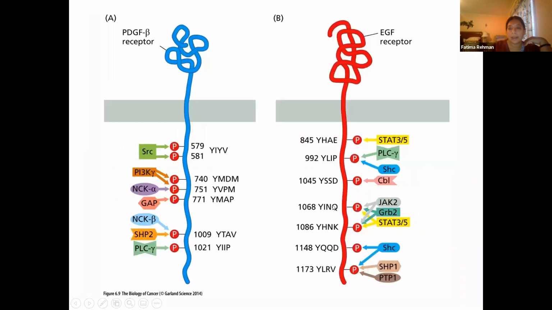So looking at that a little bit more closely, here is an example looking at two different receptor tyrosine kinases. One is the PDGF beta receptor, and the other is the epidermal growth factor receptor. These are both actually growth factor receptors. Now, looking at these, you see that there are multiple residues all along the intracellular arm that have different phosphorylation sites. And each one of them is going to be activating a different protein molecule, right? Sometimes both, like the 1086 and the 845 residue phosphorylation, activate STAT3/5, right?